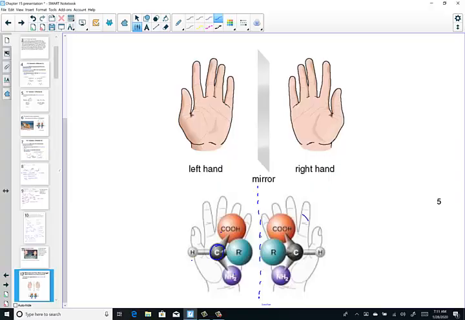And yet, if I take this molecule and place it right on top, they do not overlap perfectly. This R group would be on this side where the hydrogen is. The hydrogen becomes on this side. So you can see they possess the same four attachments, but they're not connected in the same spatial order.